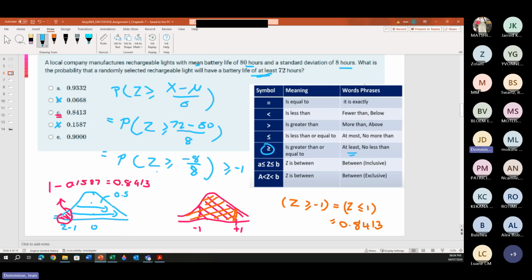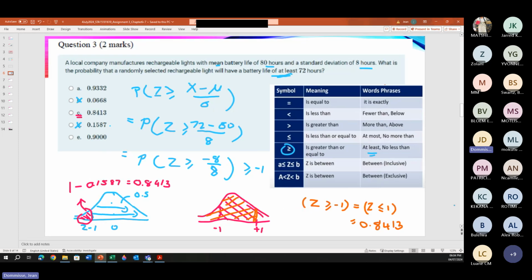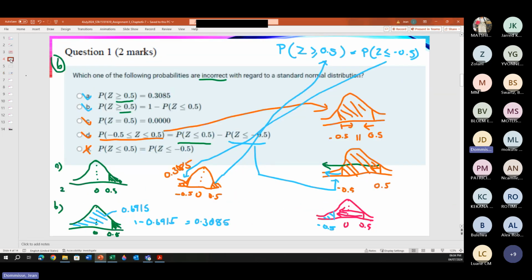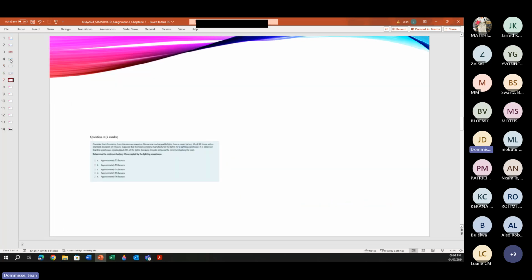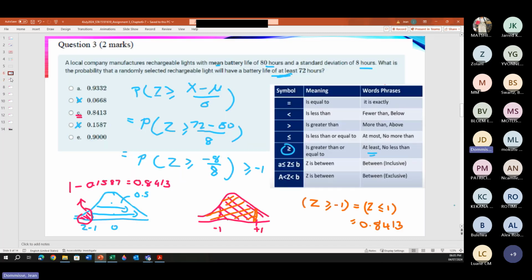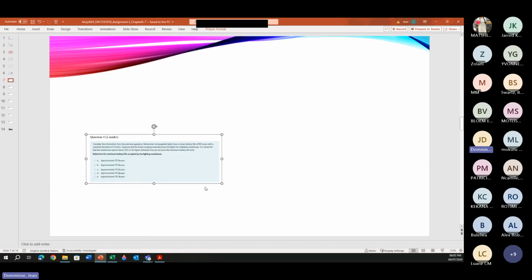Okay, so the first three questions were, in a sense, a bit straightforward by using the tables with the information. But then suddenly they throw in a question like this.